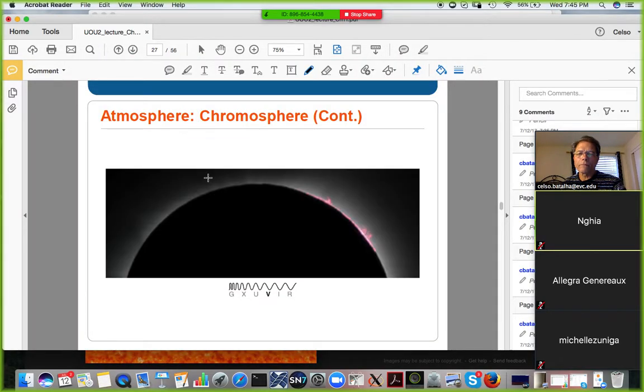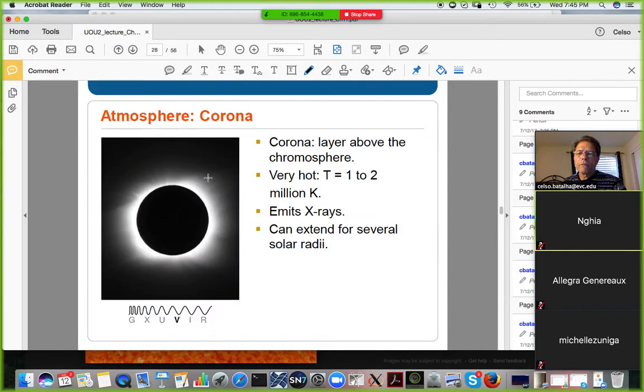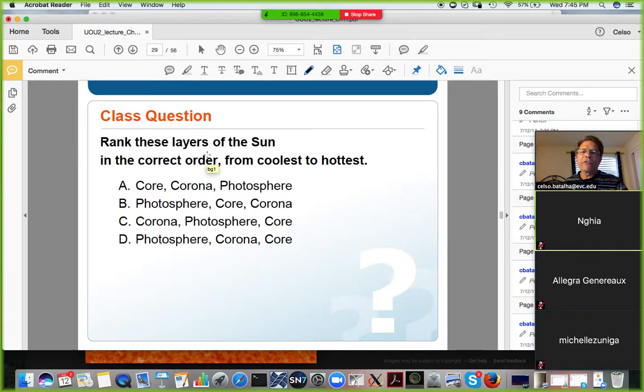Okay. Corona. Let's see, one question. Rank these layers of the sun in the correct order from the coolest to the hottest. This question is complicated because the photosphere has an average temperature, but it goes from 3,000 or 4,000 up to higher values. The region from where most of the radiation escapes is 6,000 Kelvin.